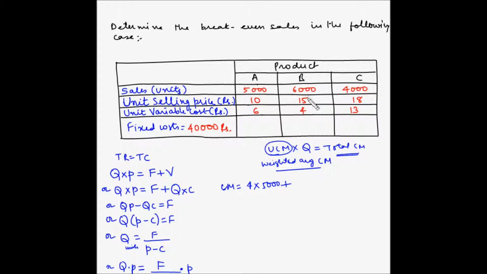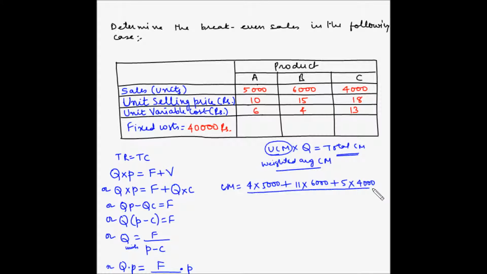Plus for B, the unit contribution margin is 15 minus 4, which is 11. And we have to multiply this by the number of units sold, which is 6,000. Plus the unit contribution margin for C is 18 minus 13, which is 5. And this multiplied by the number of units sold, which is 4,000.